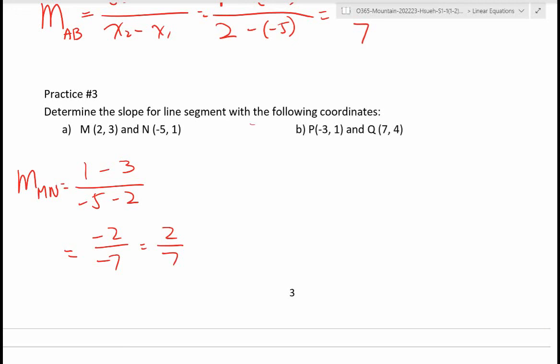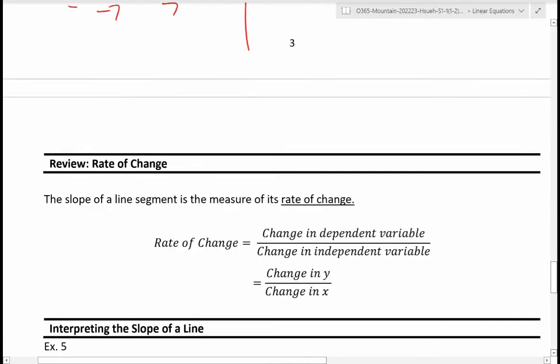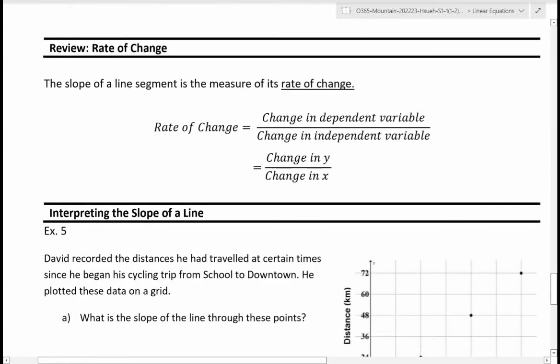Yeah, that's right. Whereas the m for PQ, y2 is 4, y1 is 1, x2 is 7, x1 is -3, so this is going to be 3 out of 10. 7 minus -3 is 7 plus 3, which is 10. Hopefully that's not too bad.